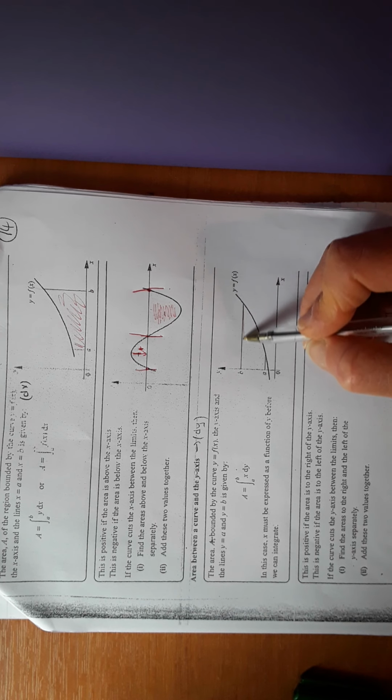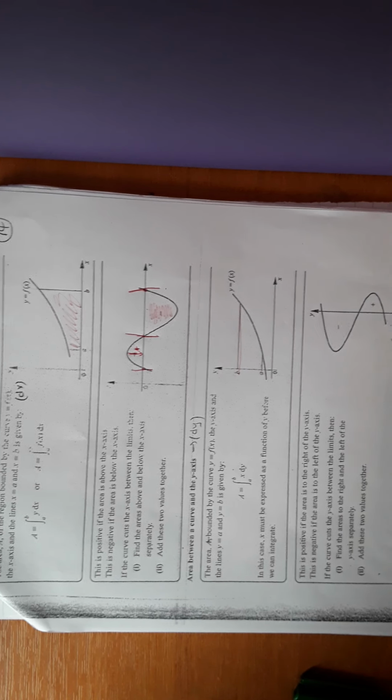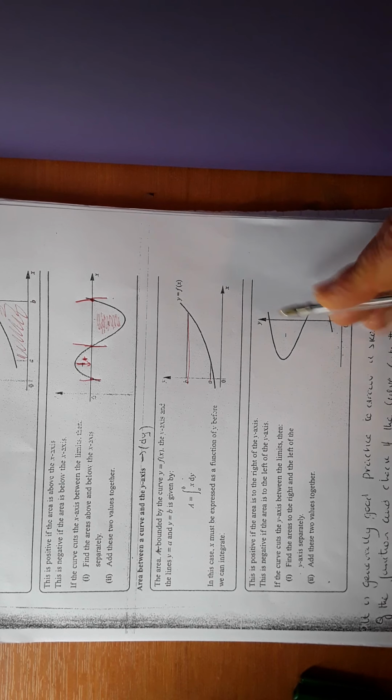Same here, but this time it finds the area between the curve and the y-axis, so your question will be phrased differently. This time you use the limits b and a. Again, you're looking for the area between the curve and the y-axis. For this part, you integrate using the limits there and there.